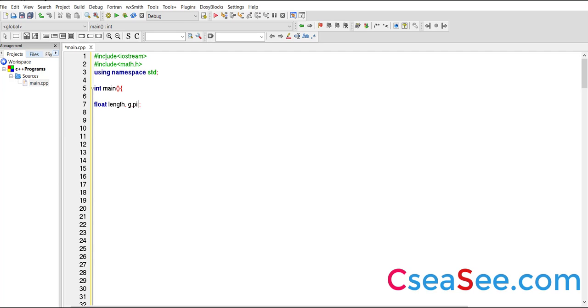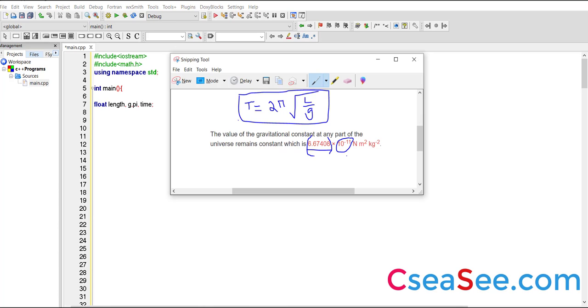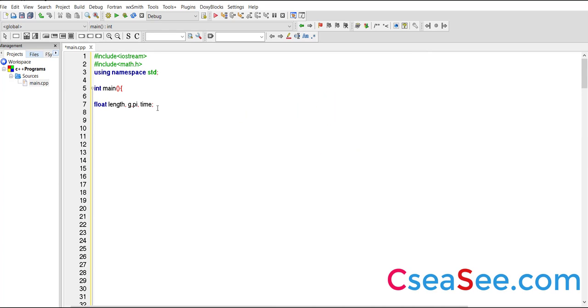Right. So all of these values are declared, and t, time is also declared there. So p, that's pi, the pi comma time, and that's fine.